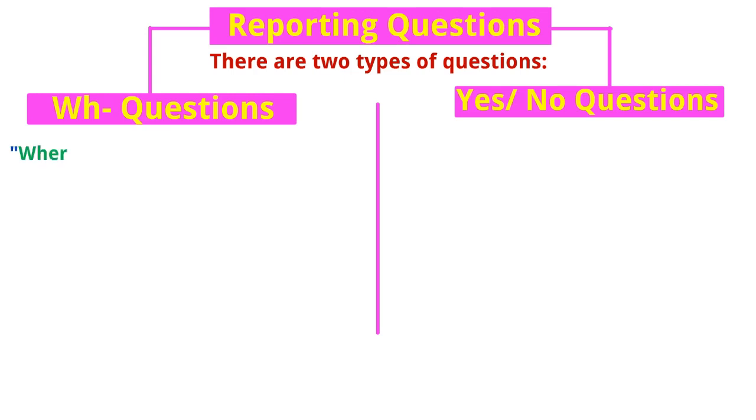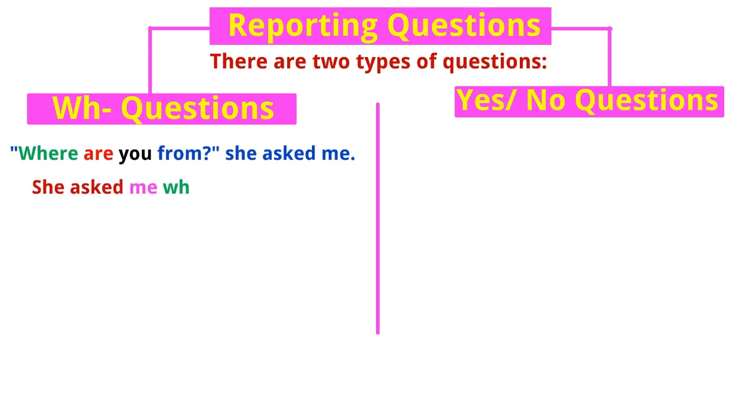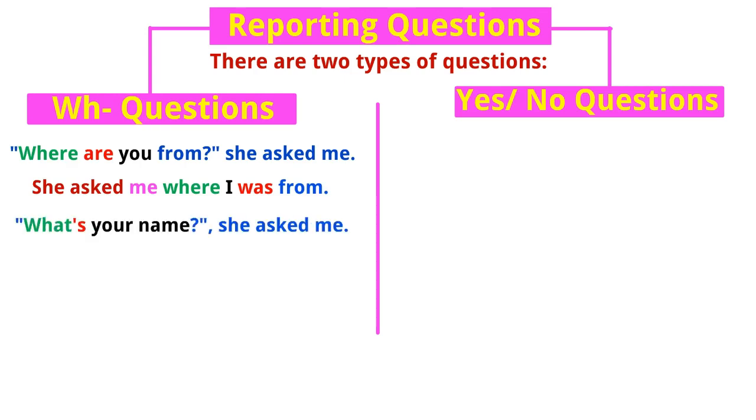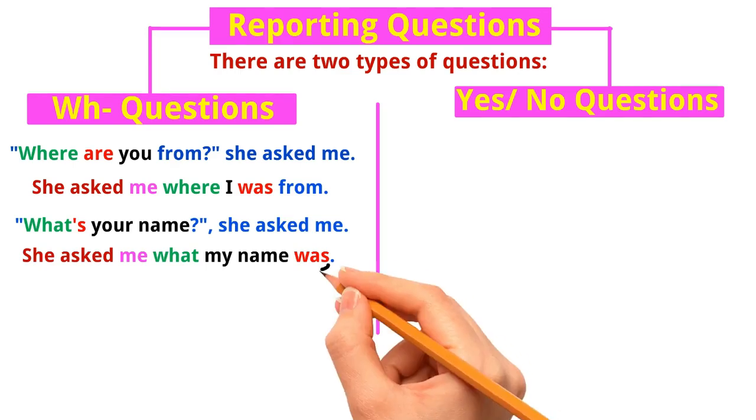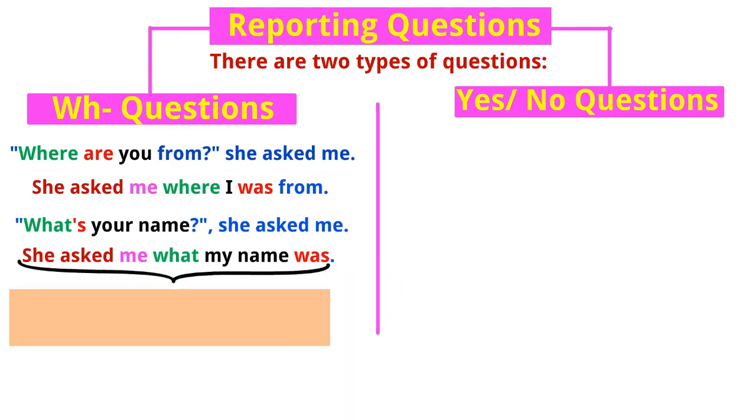Let's go to WH questions. For example, "Where are you from?" she asked me. She asked me where I was from. Another example, "What's your name?" she asked me. She asked me what my name was. So let's get the rule of WH questions from these two examples.